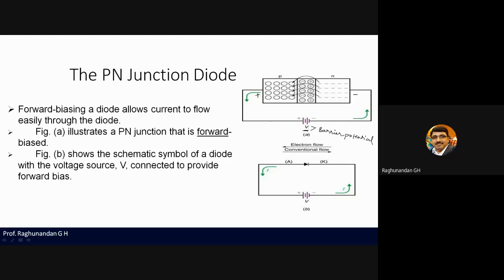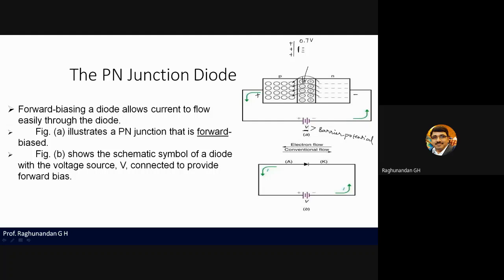I had told you that there is a kind of voltage existing here. This is the P layer; can I compare it with a positive plate? This is a positive plate. The N layer, I am going to compare with a negative plate, and I'm going to tell it is having 0.7 volt.